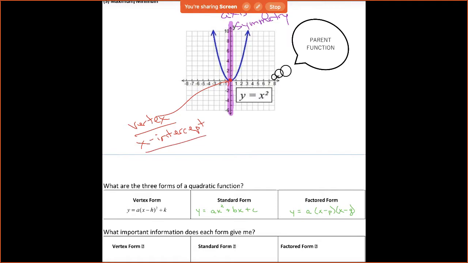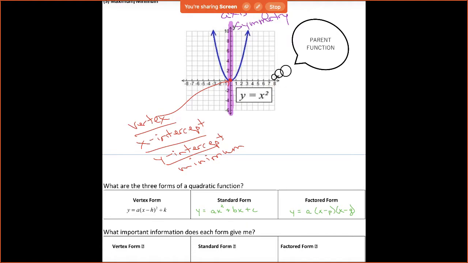It also turns out to be the y-intercept. And it also turns out to be the minimum point. So that origin is all 4 of those things. That's not what we always have to have, but in this example, that is what we have.